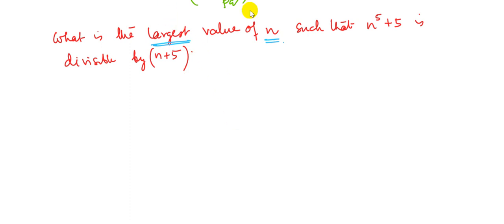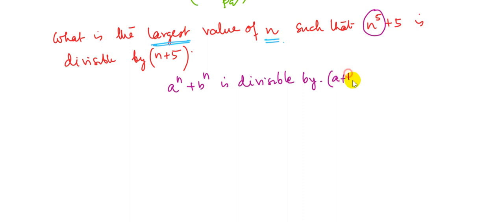So what you have to understand is this: n to the power 5 plus 5. Now what does this tell me? This tells me that a to the power n plus b to the power n is divisible by a plus b if n is dash. Fill in the blanks. N is an integer?